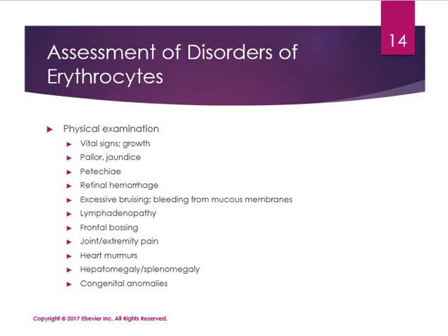Be sure and review in the book under pathophysiology of the red cell some other history questions or areas that you might want to delve into. We won't go into that now.